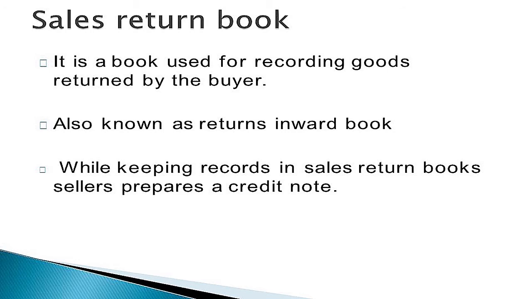We keep the record in sales returns book. Sellers prepare a credit note. That credit note indicates all sales returns. So sales returns, returns inwards, or credit note are similar terms to understand sales returns.